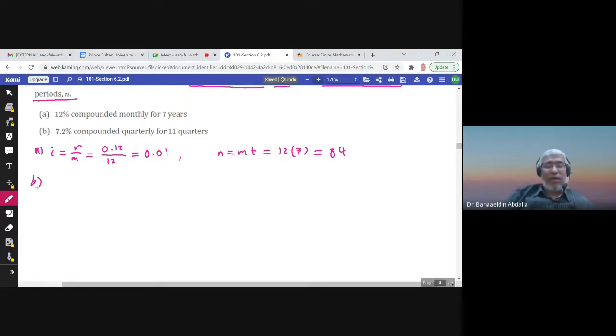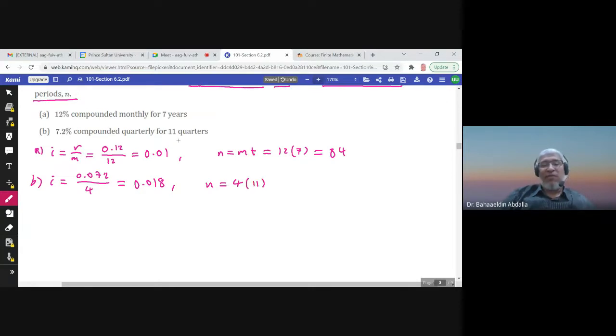Part B, R is 7.2%, which is 0.072, compounded quarterly, so it is over 4. So it's 0.018. This is the interest per period, per one period. And the number of periods is quarterly, so 4 times 11.